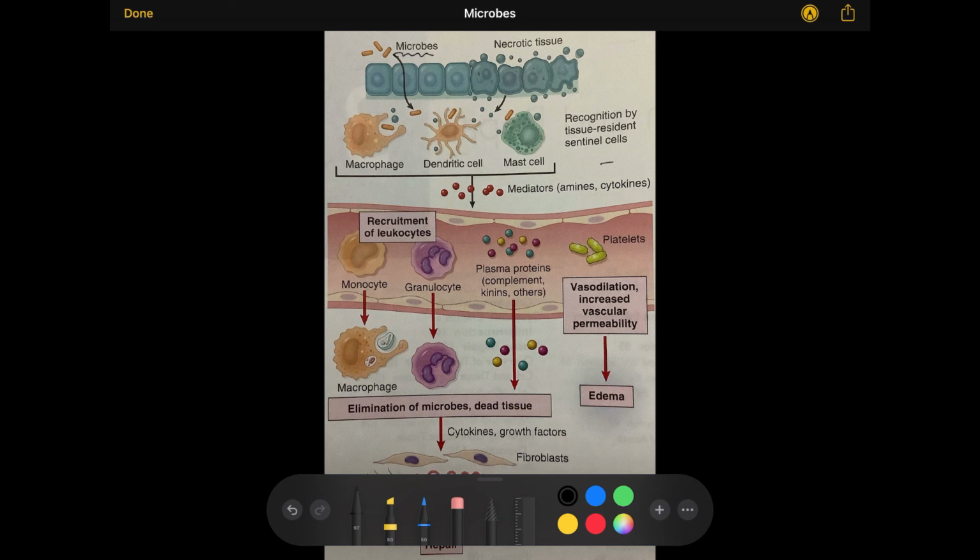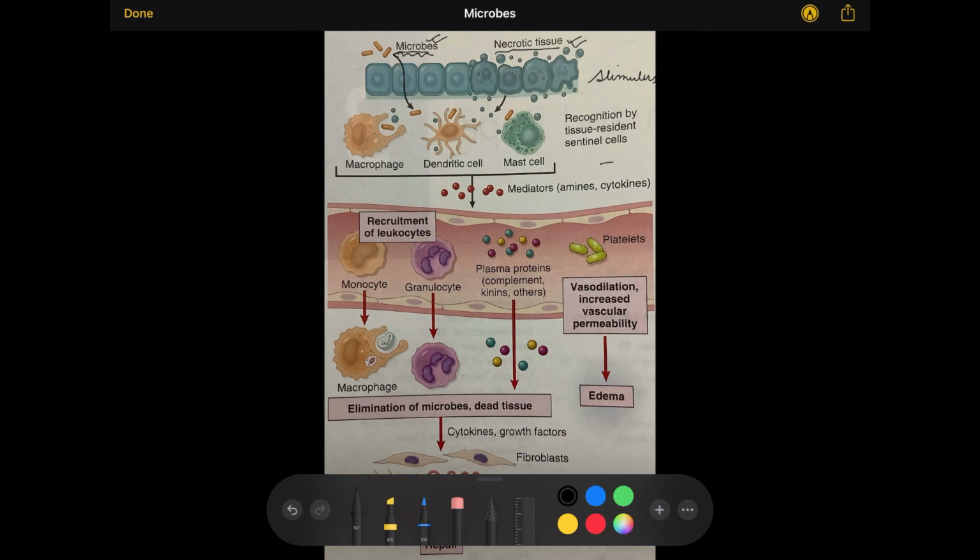Now microbes can be a stimulus, and necrotic tissue can be another stimulus for inflammation. We will see the etiology of inflammation in just a bit, but remember that microbes can be a stimulus for inflammation, and necrotic tissue, whatever may be the reason for the necrosis, can itself be a stimulus for inflammation. So whatever the stimulus is, this is the stimulus.